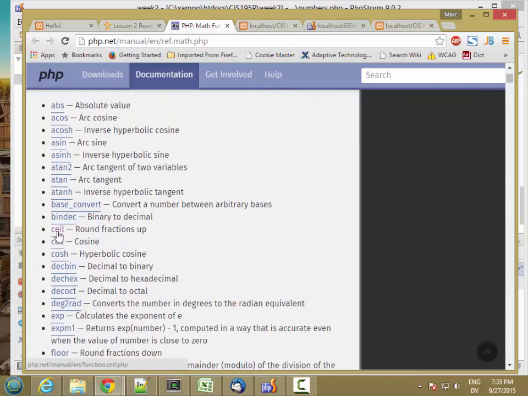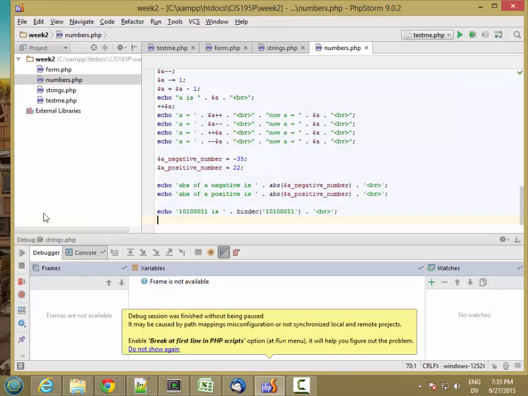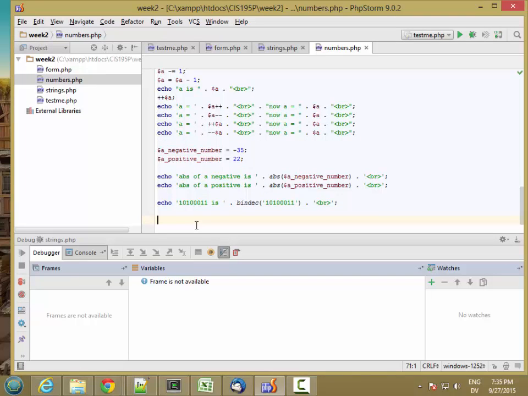You can take the ceiling of a floating point number. So that's basically rounding the number up.